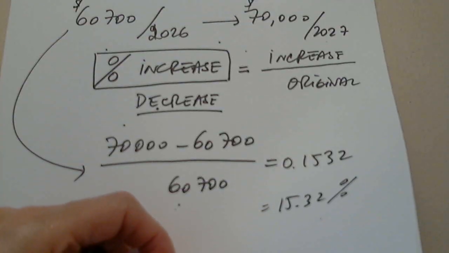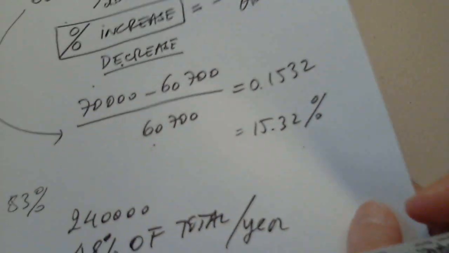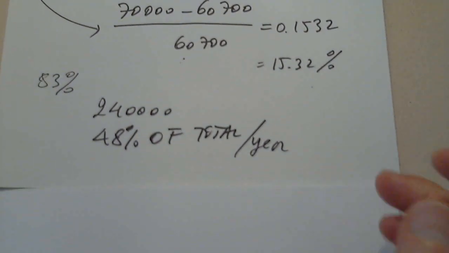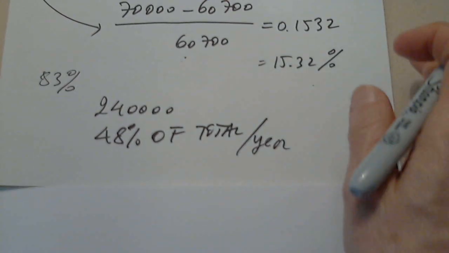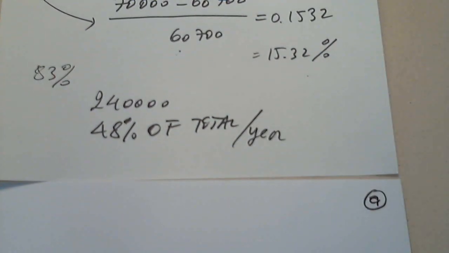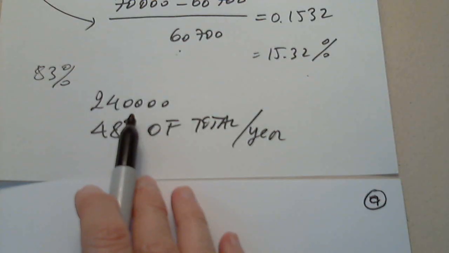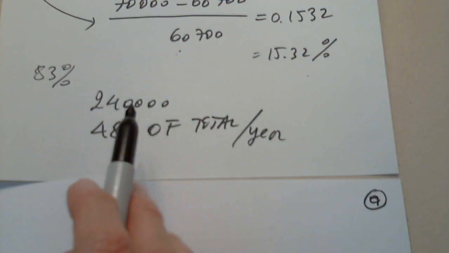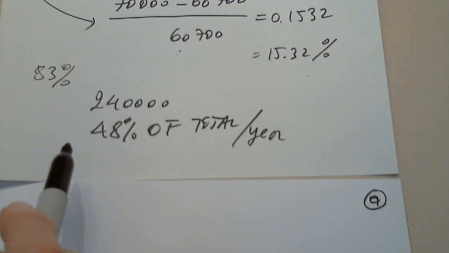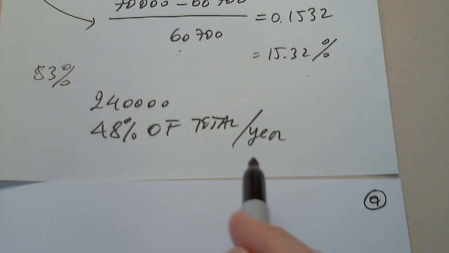Good. Okay. So they spent 240,000 this quarter. That number is 48% of the total. We need to write an equation and solve it.